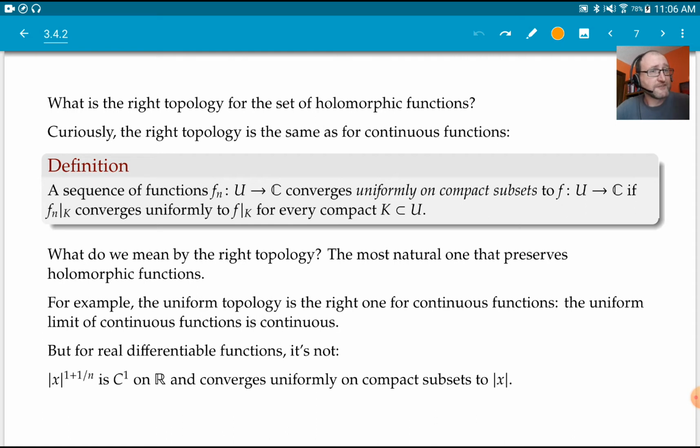You can take sequences of those that have as the limit an arbitrary continuous function, like these incredibly evil-behaved continuous functions, something that, for example, might not be differentiable at any point. So it's something that's very specific to holomorphic functions. There's a lot of connections where the right thing for continuous functions is the right thing for holomorphic functions. That happens quite a bit.